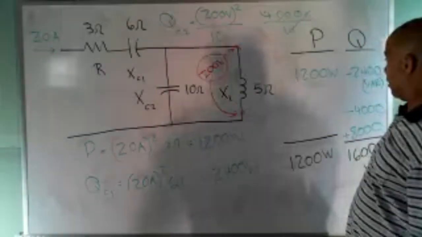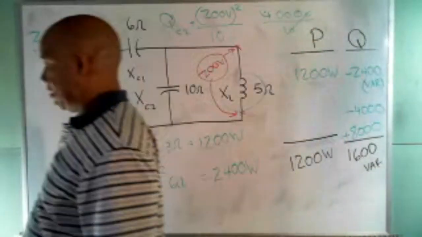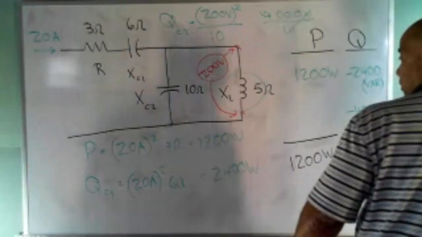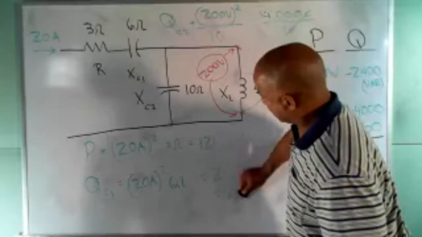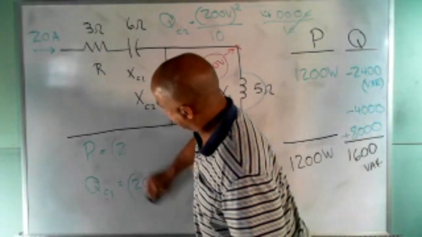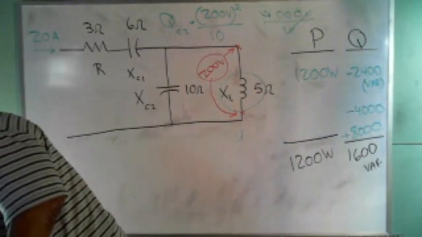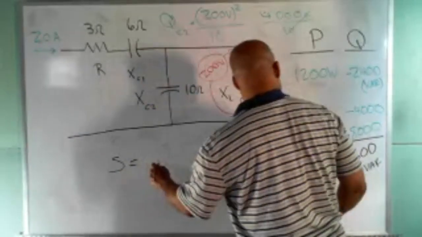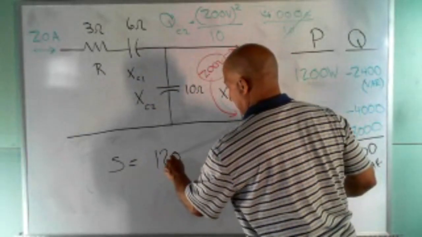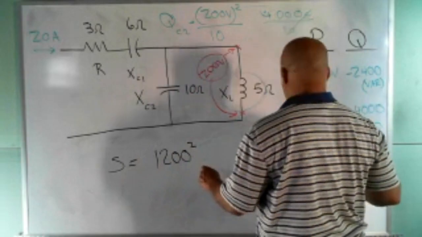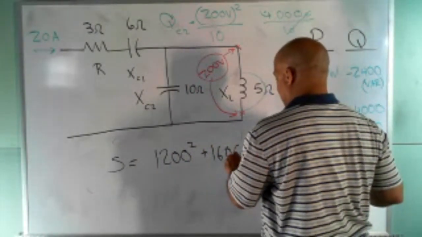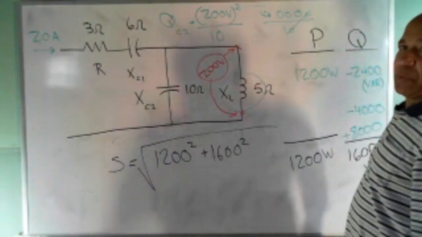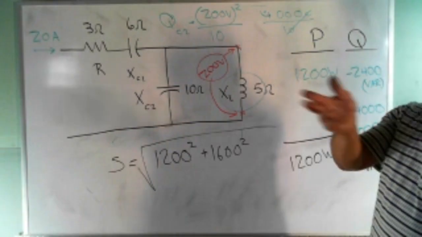Okay. All right. So now we gotta find S, and that's it. We're good to go. And of course, that's just Pythagorean theorem. All right, so S equals, what do we got? 1,200 squared plus 1,600 squared. And you guys should be putting the units in there, but that's like me telling you not to smoke and I'm blowing cigarette smoke in your face.